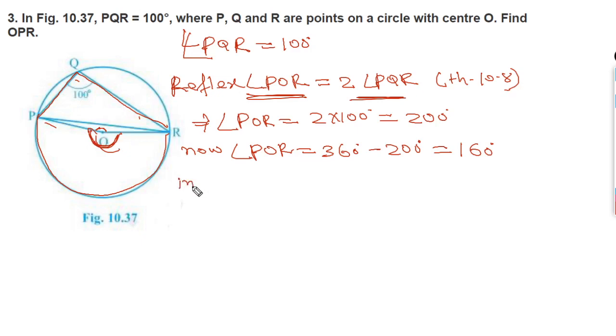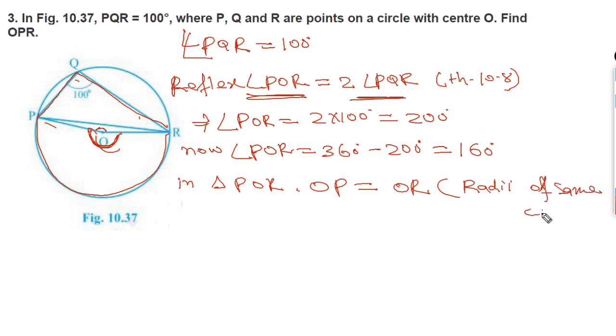Now come to triangle POR. In triangle POR, what do you have? OP equals OR. Why? Reason is radii of same circle. Now therefore angle OPR will be equal to angle ORP.